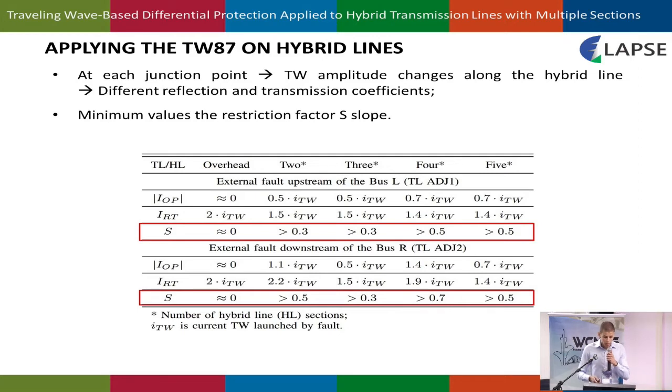It was noted that minimum values arise for the restriction factor slope. For example, two hybrid lines with 2 and 3 sections is more than 0.3, 0.5, and 0.5 for external faults. Well, as we will see with the following results.